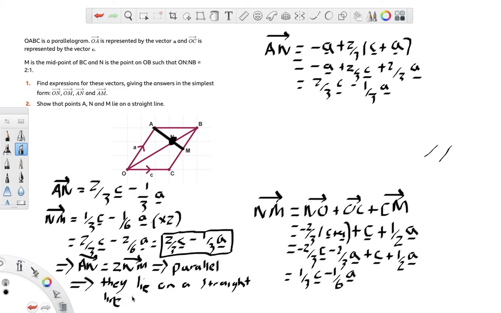And then points that lie on a straight line are called collinear. So this point N is collinear, so it appears in both A to N and N to M. So we're going to look at another exam style question to finish the video off now.